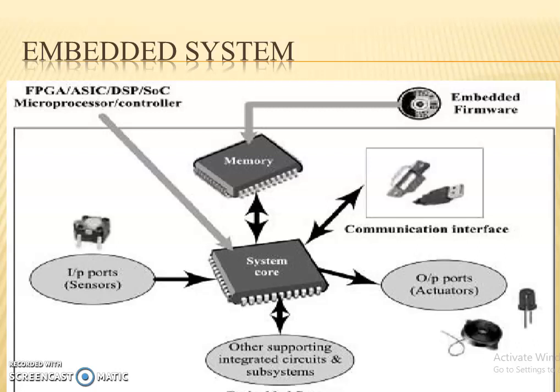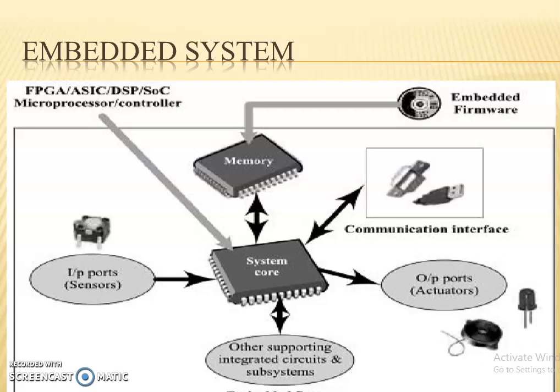Based on the functionality of the processor, the embedded system will work. The processor can be of any type. It may be a general purpose processor, a single purpose processor, an application specific processor, a microcontroller or an FPGA kit.